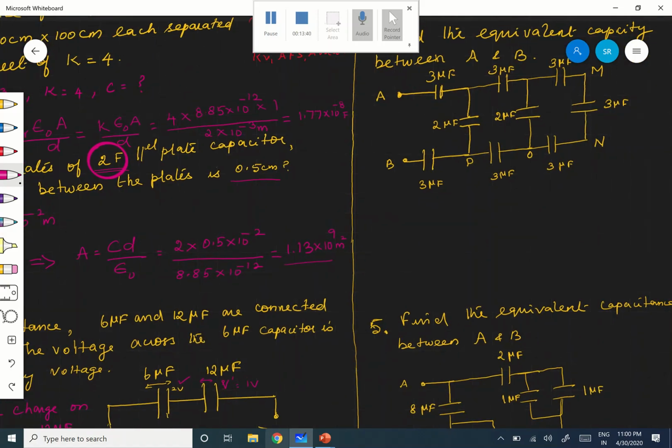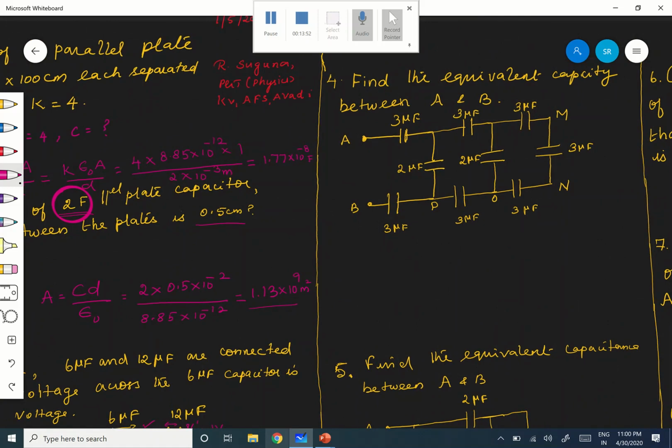Next one is, just now we are going to see how to find out the equivalent capacitance. Sorry, it is not resistance, equivalent capacitance between A and B, once a network is given. Seeing it, it looks like a very big thing, but it is very easy, you can solve it very easily.